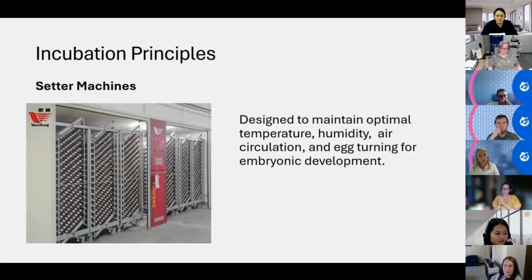So let's talk about the setter machine. There are two types of machines used in the incubator in a hatchery: the setter machine, where I initially set up those eggs, and the hatcher machine. They differ in which environmental points they control. Here in the setter machine, as you can see, it's just a tray where the turning happens.